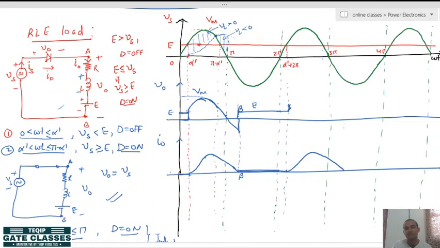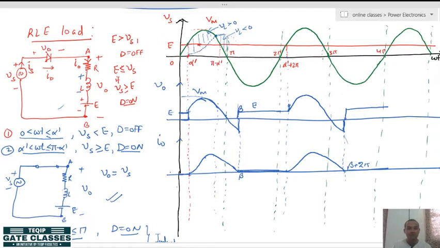Like this. So this is the beta plus 2 pi instant, and again from this point the diode will be reverse biased, hence again the output voltage will be E, and in this way the waveform will continue.